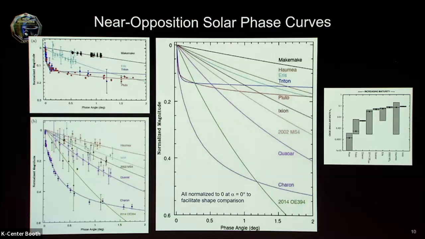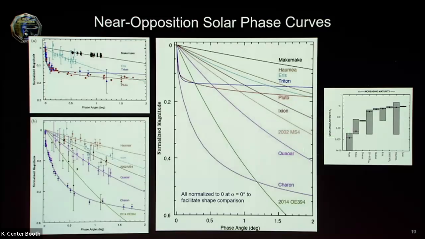In a recent paper, Hapke related the angular width of the coherent backscatter shadowing effect to the surface maturity. And that is what is shown over here on the right. The maturity increases to the right and is the lowest for Pluto and Triton, with these very narrow opposition surges, not very high in amplitude, nowhere near as high as Charon, but very, very narrow.